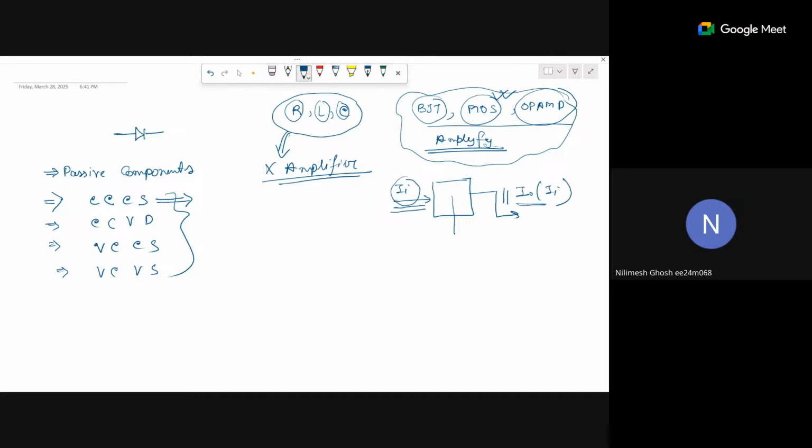Now, till now we have already studied a thing like that. We are pushing some current into the base of something, and we are also getting some current out. What is this component?